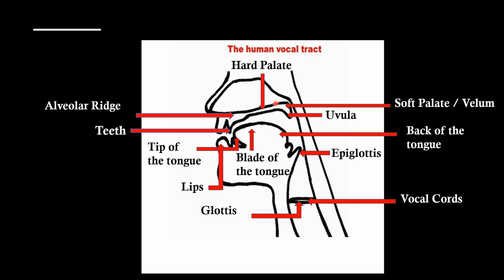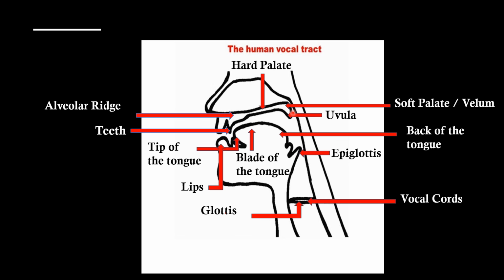Therefore, the sounds that are produced are called nasal sounds. And when the velum is raised, the nasal cavity is shut. Accordingly, the only outlet available in this case is the mouth. The sounds that are articulated this way are called oral sounds.